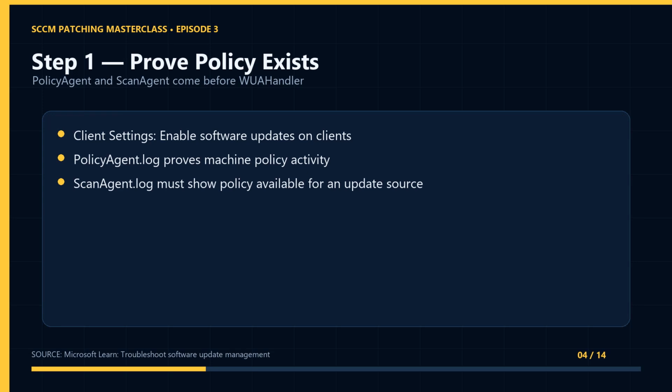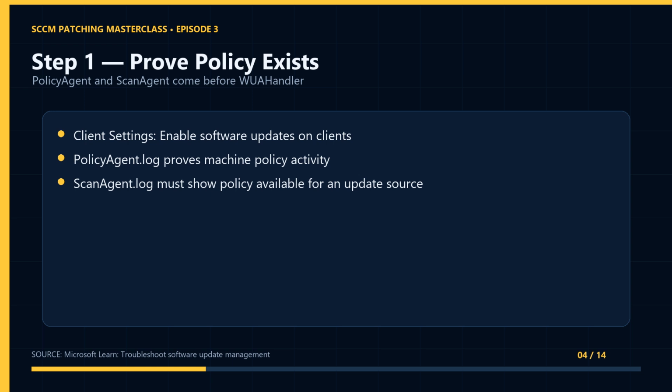Start with policy. In Administration, Client Settings, verify that the effective settings for the test device enable software updates on clients. On the client, PolicyAgent.log shows whether machine policy is received and evaluated. ScanAgent.log should show that policy is available for an update source and that the policy content version satisfies the required content version.